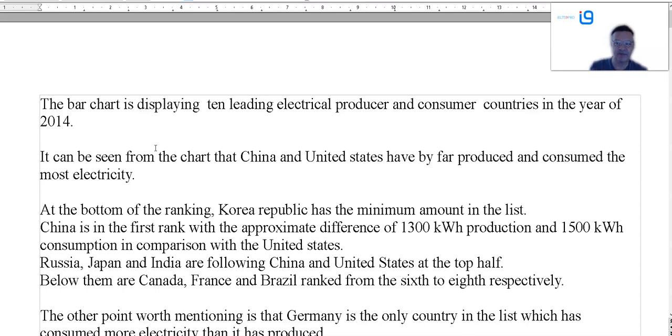As I say, 9 out of 10 produce more than consume. That's the biggest, that's the second biggest, that's the smallest. And then it's simply a list of data. But what you've got to do is try and mix it up so it's not simply consume, produce, respectively, consume, produce, respectively. That's not going to get you a very good score for your lexical resource, really.